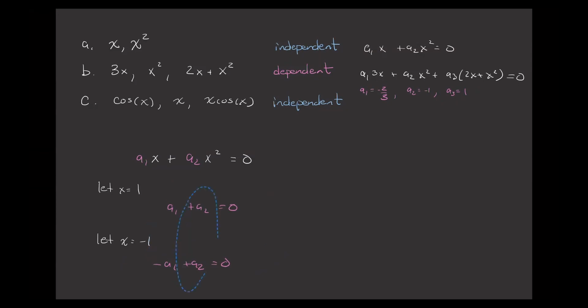If you add A2 to A2, you get 2A2. Added together, you get 2A2 is equal to 0. That means A2 is equal to 0. Substitute A2 equals 0 back here, and that will imply that A1 is equal to 0. You'll see the exact same thing for C.